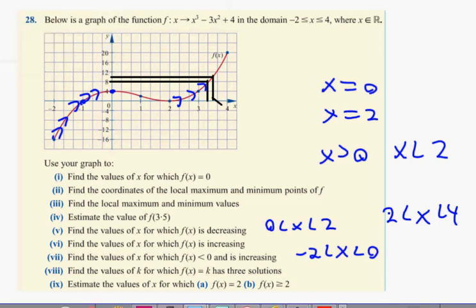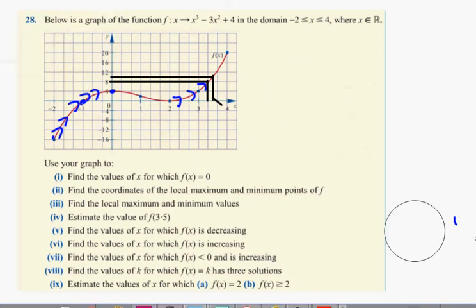So guys, what happens here is, next part. It says, find the values for which the function is smaller than 0. So if the function is smaller than 0, the function has to be located below the x axis, because the y values are lower than 0.